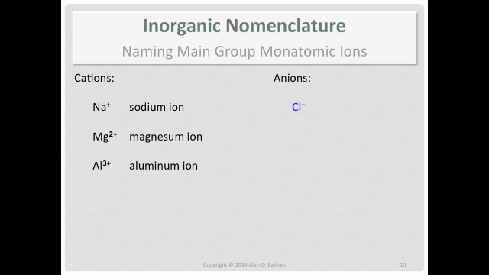Let's do some anions. So chlorine has a 1− charge on it because it's in 7A. When you name it, it's not the chlorine ion, like when you name cations, but it's the chloride ion.